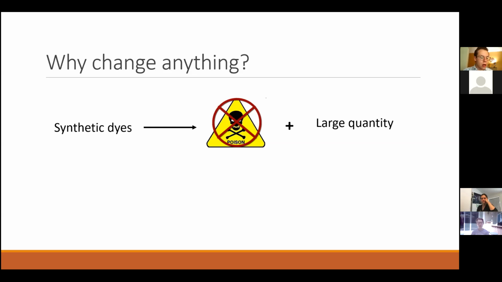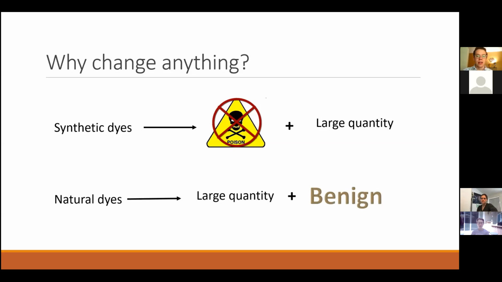So I look toward a solution in natural dyes. Natural dyes might not necessarily reduce the quantity of waste being produced, but it will render it benign, or at least that was the goal. Benign meaning that it would not be hazardous and it should have little to no negative effect.